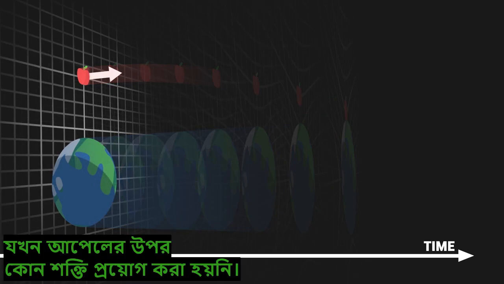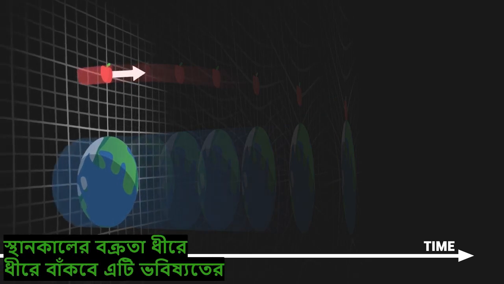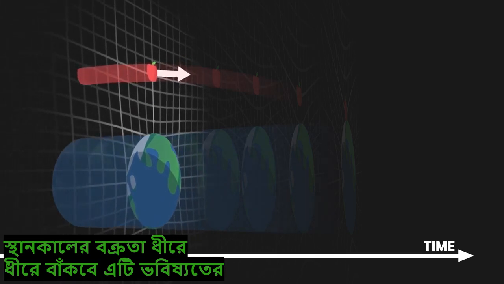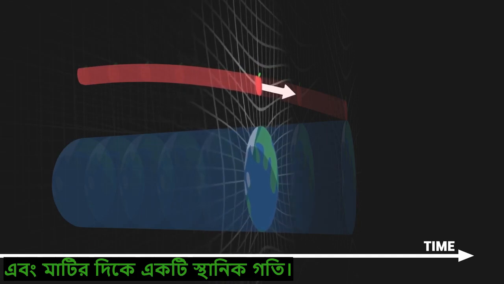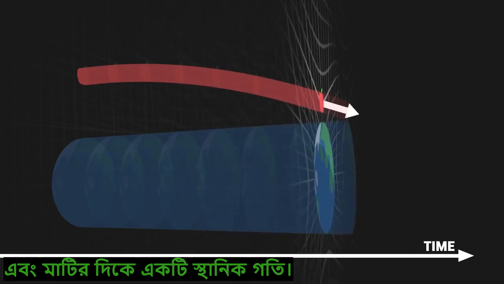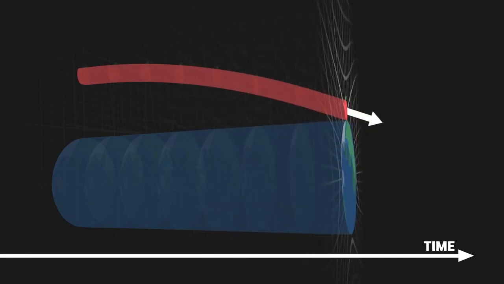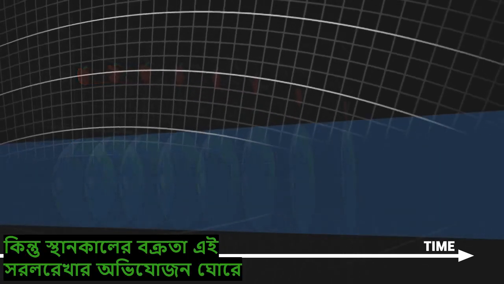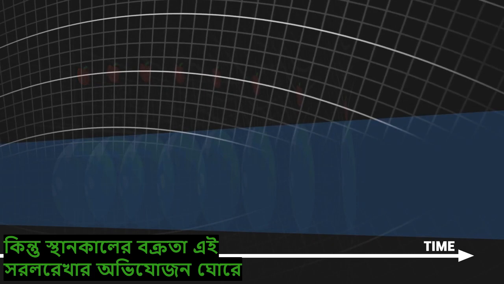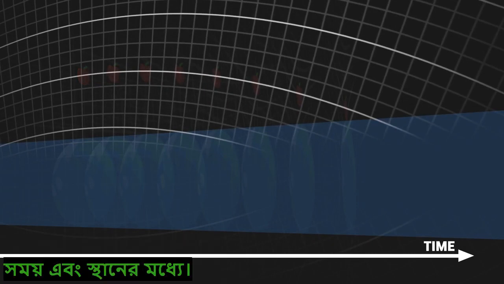When no force is applied to the apple, the curvature of spacetime will gradually bend its trajectory between a temporal speed towards the future and a spatial speed towards the ground. The apple moves in a straight line, but the curvature of spacetime rotates the orientation of this straight line between time and space.